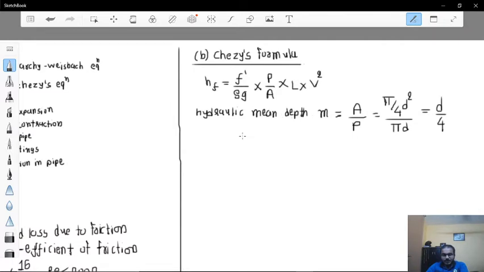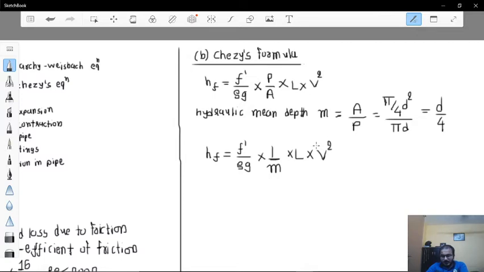And we can put this over here, that is hf is equal to f prime upon rho g multiplied by 1 upon m multiplied by L multiplied by V square.